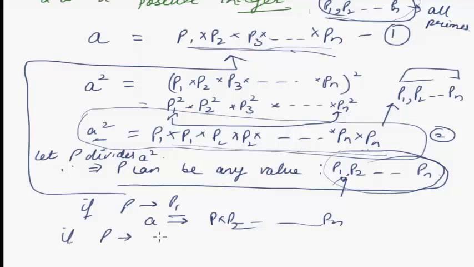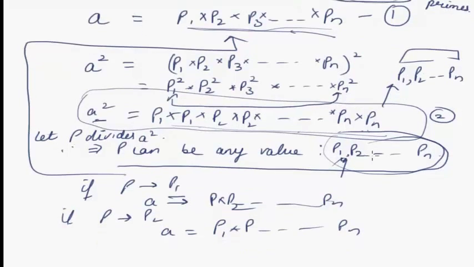If P is P2, then A can be P1 into P up to Pn. And we know that P can take only the values from these sets. So in any situation, either P is P1 or P2 or Pn, it can be substituted in this expression.